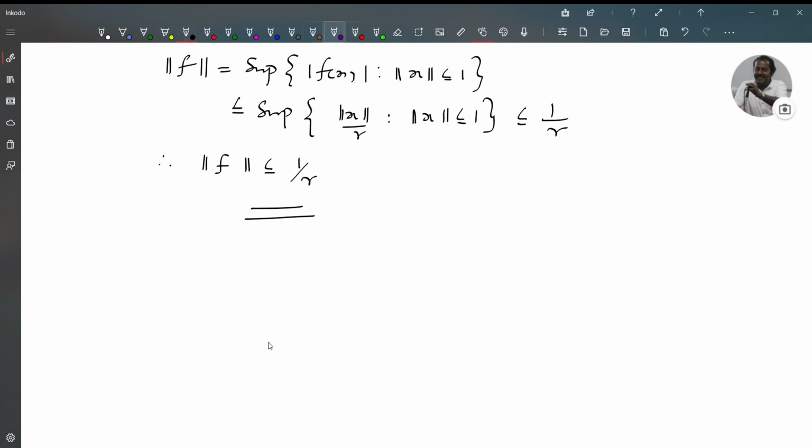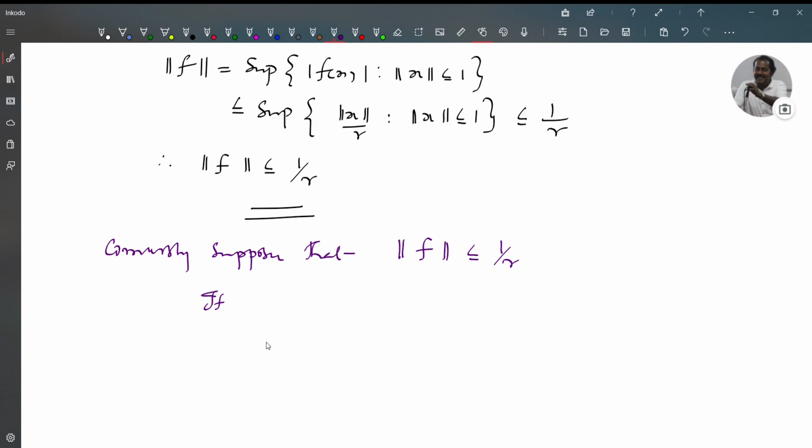For the converse part, conversely suppose that norm of f is less than or equal to 1 by r. We are going to prove that U(a, r) intersection null space of f is empty.